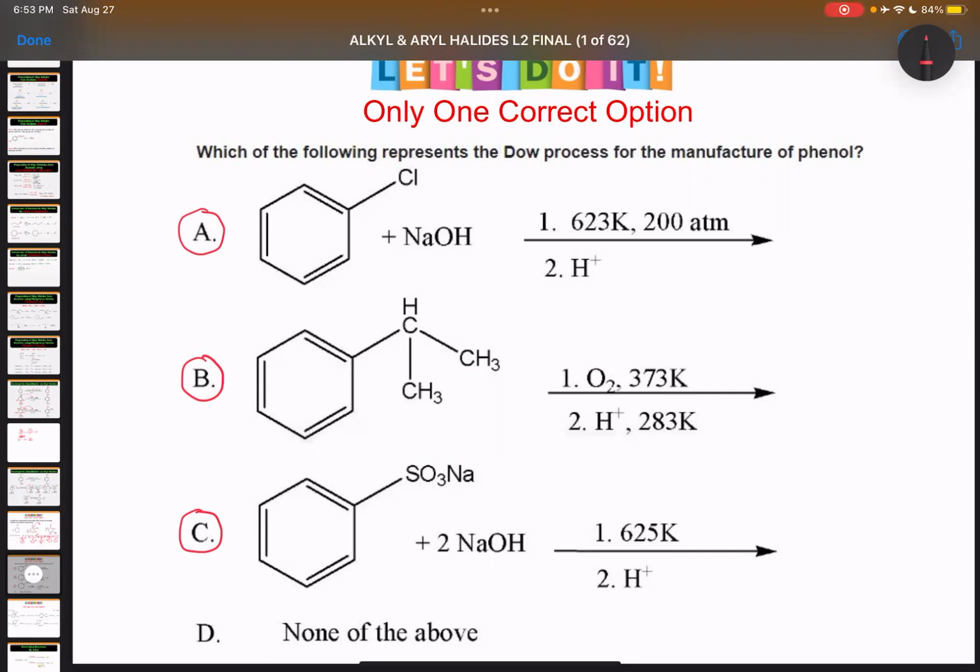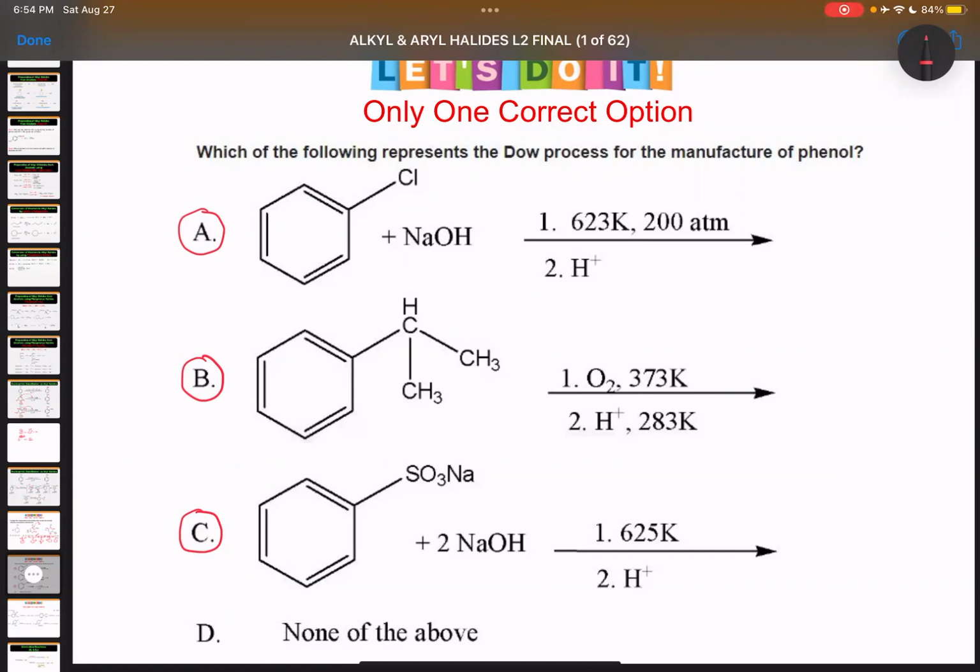The second one is from isopropyl benzene, and the third one is from benzene sulfonic acid. So all are methods of phenol preparation, and which one is known as Dow's process?